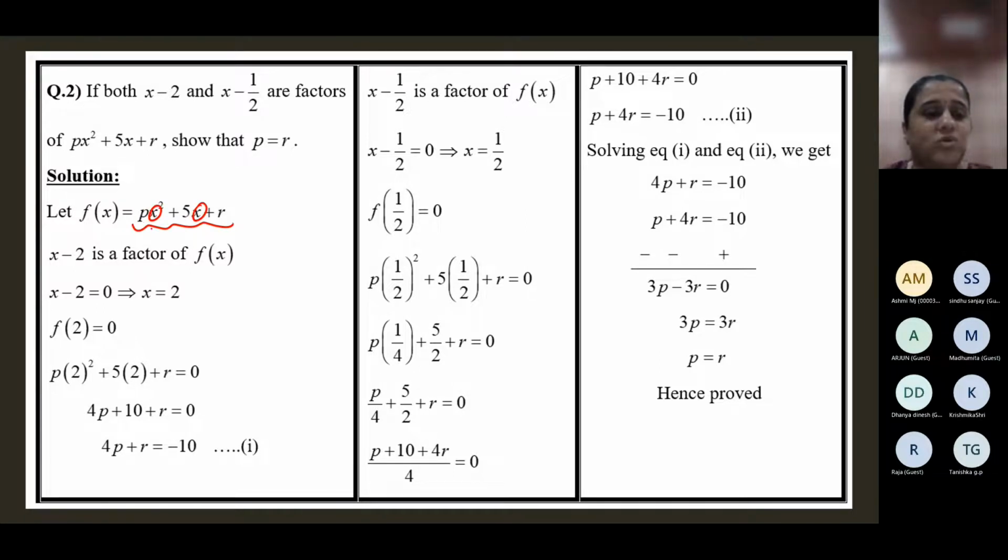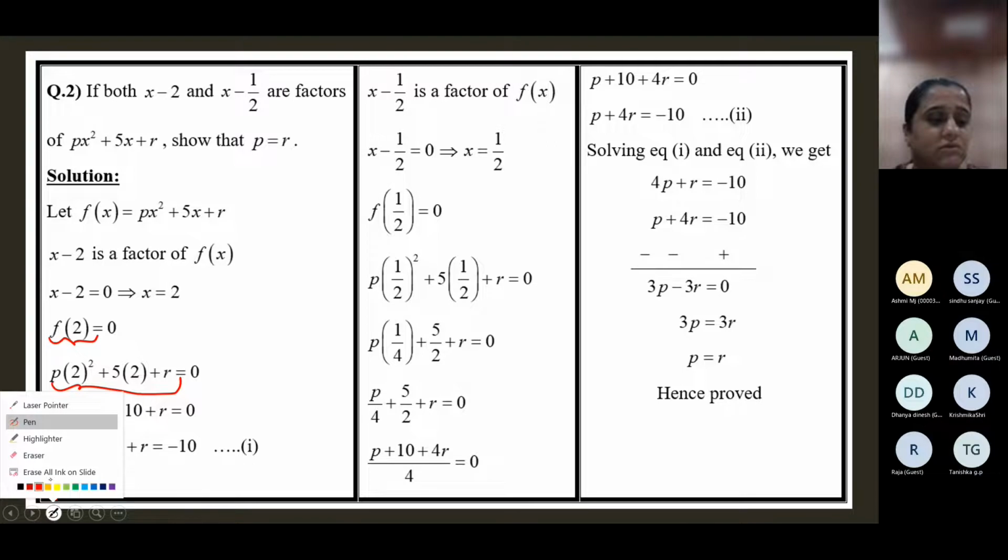So p into 2 square plus 5 into 2 plus r is equal to 0.